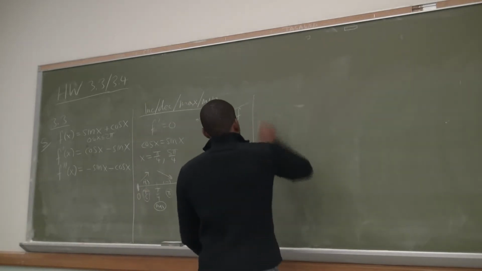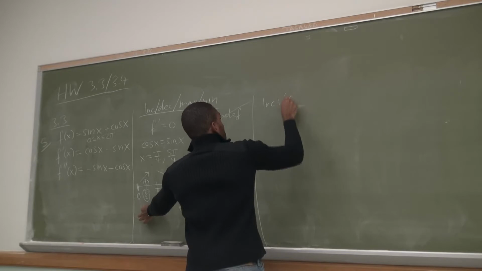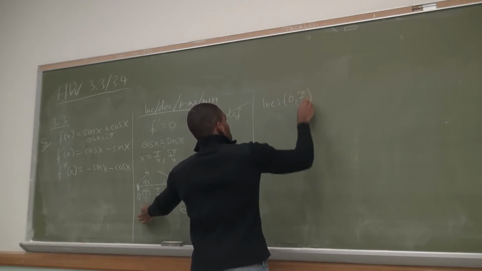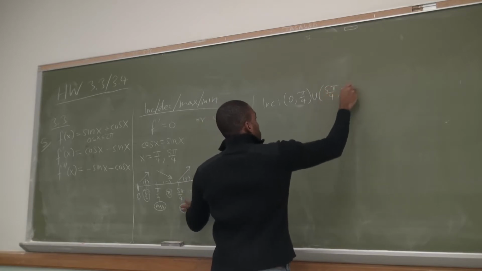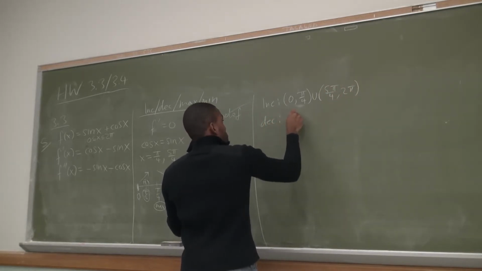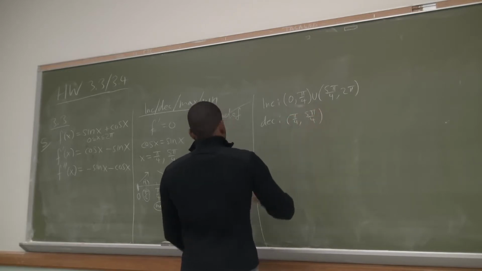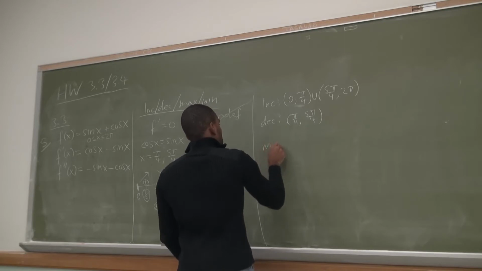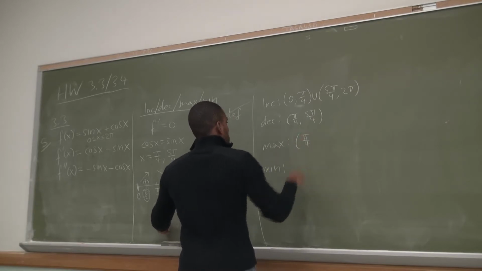So we have increasing on 0 to pi over 4, union 5 pi over 4 to 2 pi, but decreasing on pi over 4 to 5 pi over 4. We have maximum occurring at pi over 4.